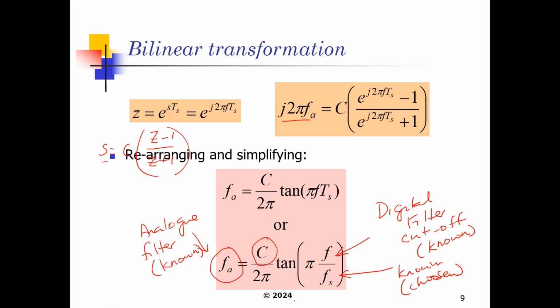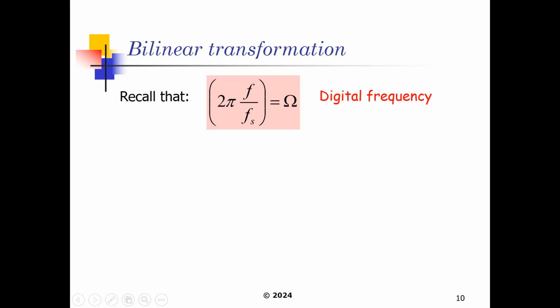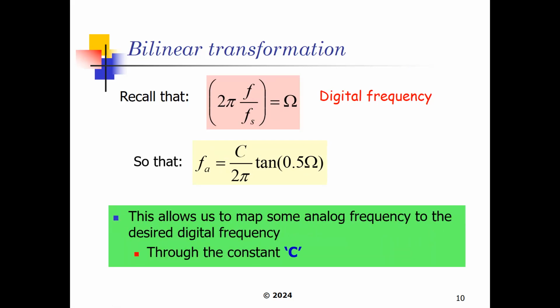You remember inside of here, however you want to remember it, that omega is 2 pi f over Fs, so that fa is c over 2 pi tan(0.5 omega). Okay? So this allows us now to map an analog filter frequency, which is fa here, onto the desired digital frequency that we want through this constant c. Everybody following?